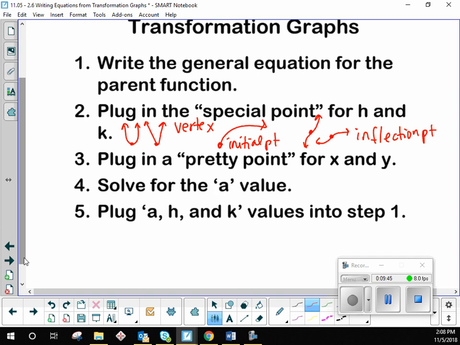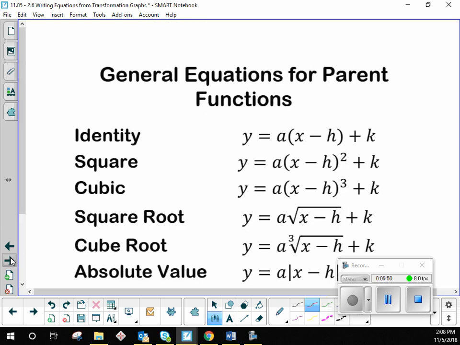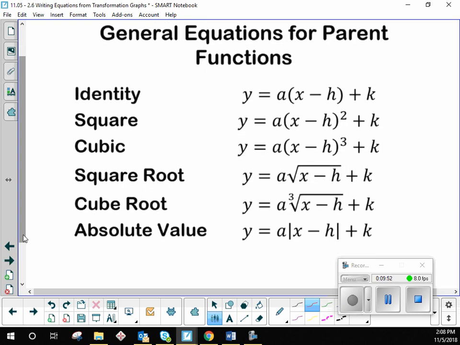So that very first step, write the general equation. I have all of those listed for you right here on the notes. We've just taken the parent function, like for example for square, the basic function is this. But once you add in an h to represent any kind of horizontal translation, a k to represent any vertical, and then an a value to represent stretch or compression, this is where we get this general form.